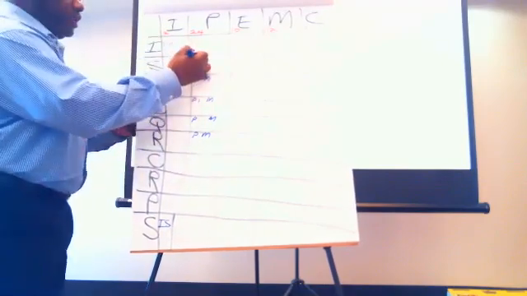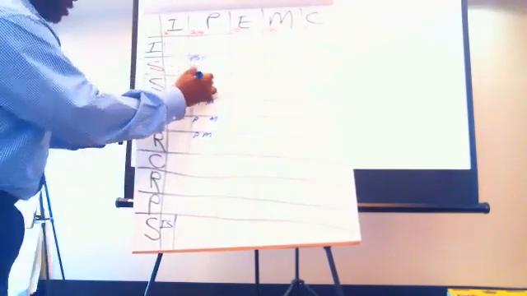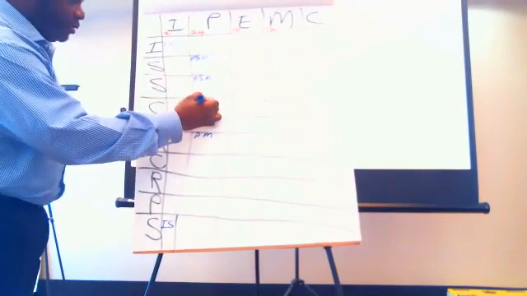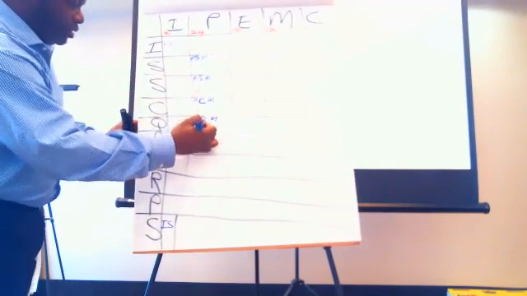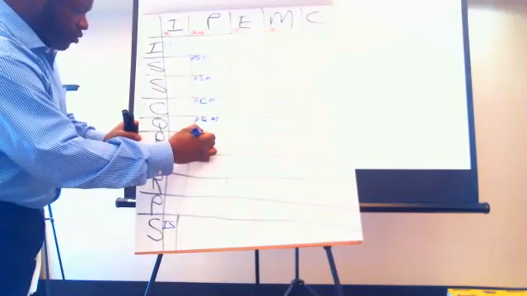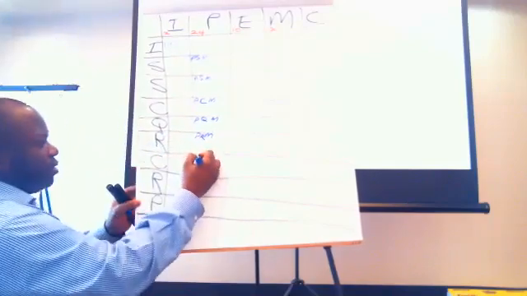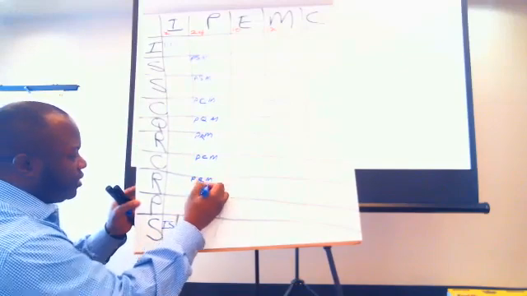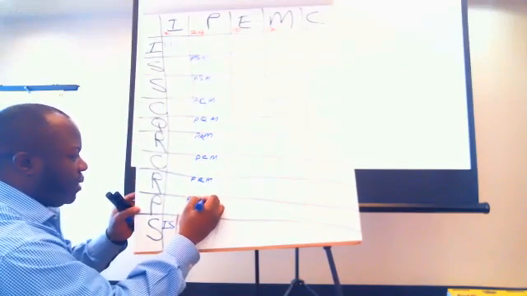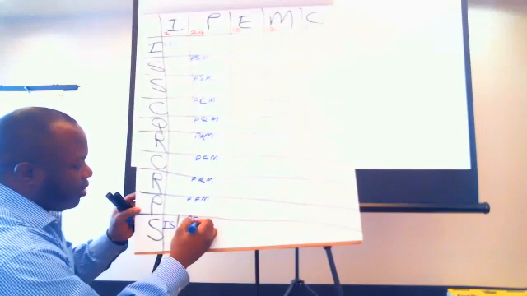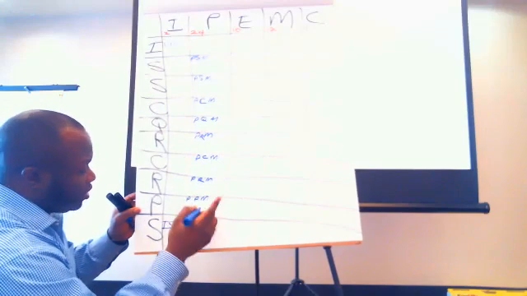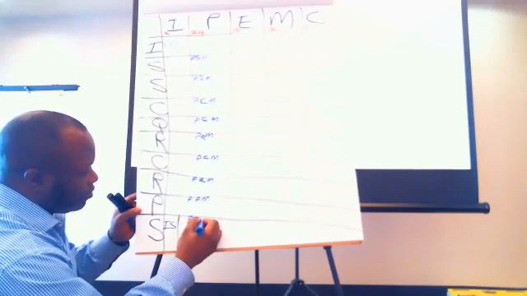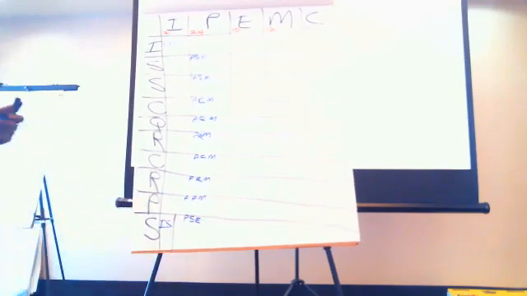Just put in the knowledge area name: plan scope management, plan schedule management, plan cost management, plan quality management, plan resource management, plan communications management, plan risk management, plan procurement management, and plan stakeholder engagement, they call it. So that has a little bit of a difference, but all the rest are all management.